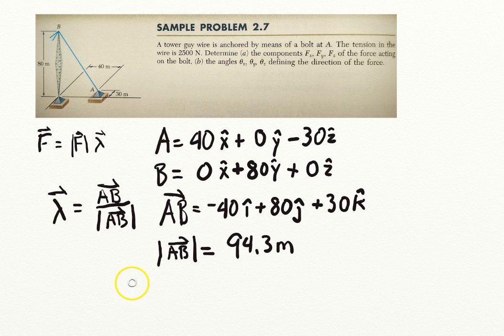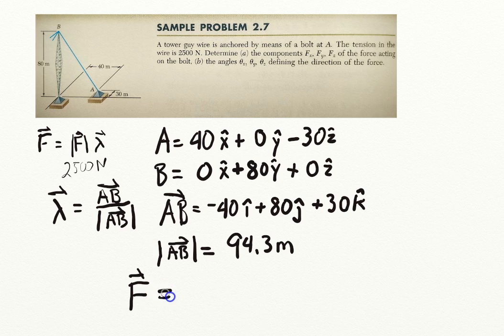But what I really want, again, is the force vector. So remember the force vector over here, we had the magnitude of the force vector, which was 2,500 newtons, times lambda. So I'm just going to write that down here.